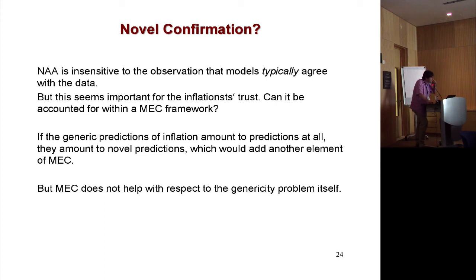So I would want to emphasize that this meta-empirical aspect adds something to the picture, but it is not in itself sufficient for understanding the trust in the theory that inflationary cosmologists have at this point.